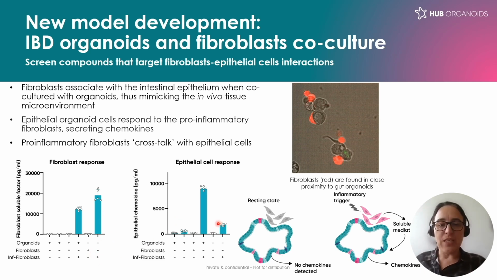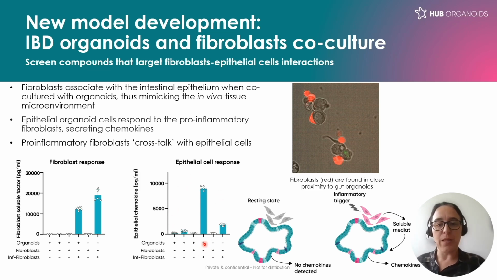Importantly, in the same co-culture experiment, we also measured epithelial chemokines. When the organoids are alone, we don't see any response. When the organoids are co-cultured with normal fibroblasts, we also don't see any response from the epithelium.